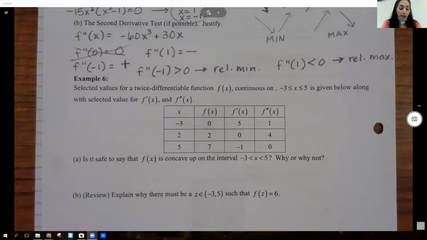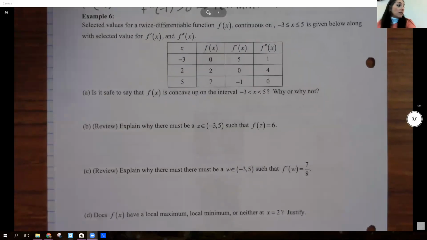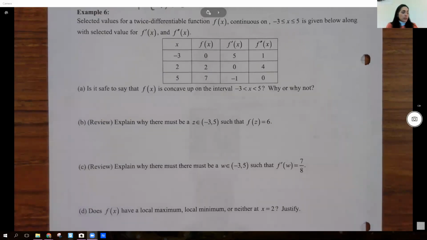Alrighty, so we are picking up with example 6 on section 4 of chapter 3, and it's a table. In the directions, they give us a bunch of values for what looks like the original function, the derivative of that function, and the second derivative.